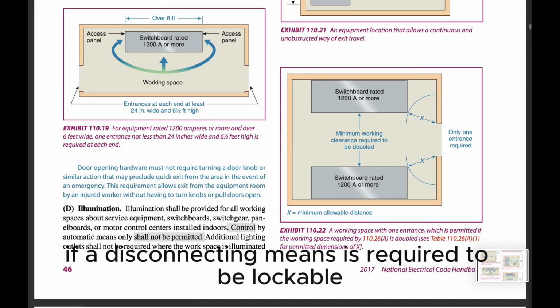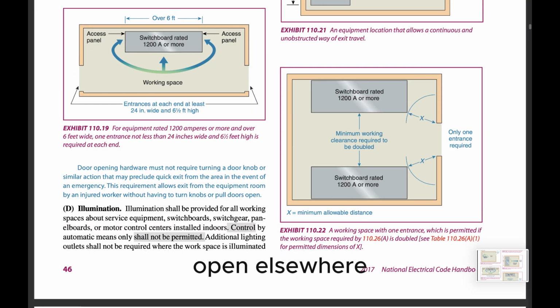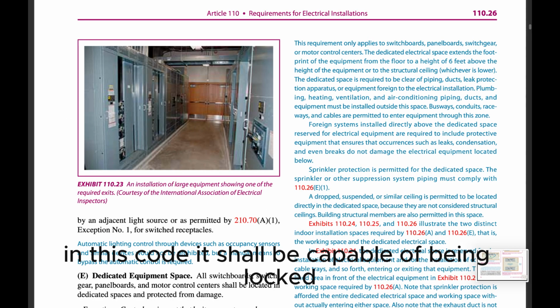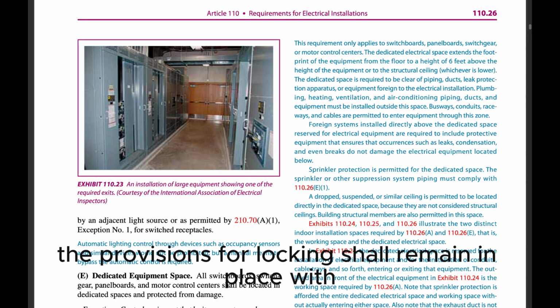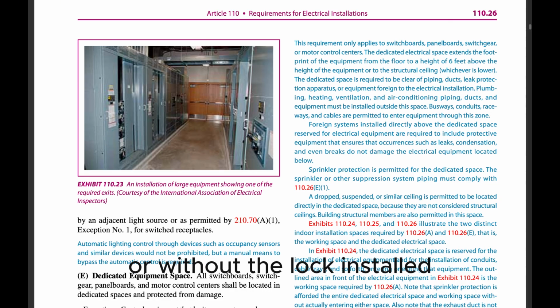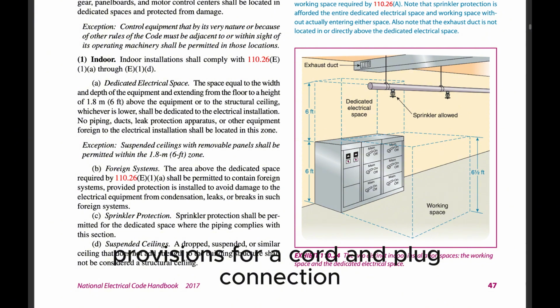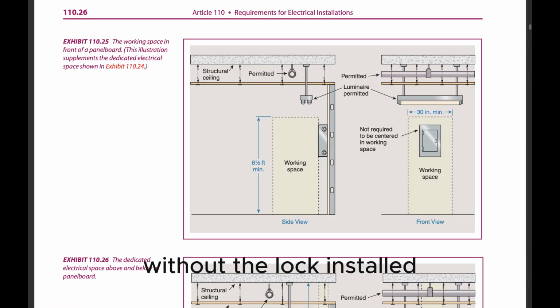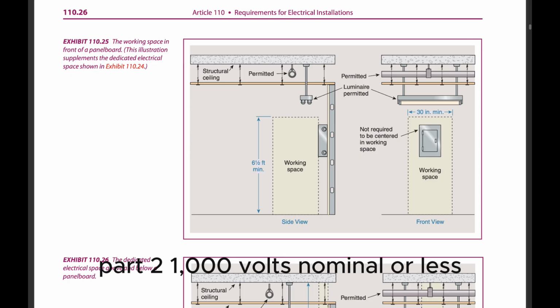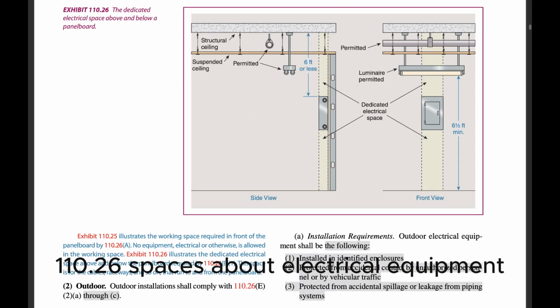If a disconnecting means is required to be lockable open elsewhere in this code, it shall be capable of being locked in the open position. The provisions for locking shall remain in place with or without the lock installed. Exception: locking provisions for a cord and plug connection shall not be required to remain in place without the lock installed.